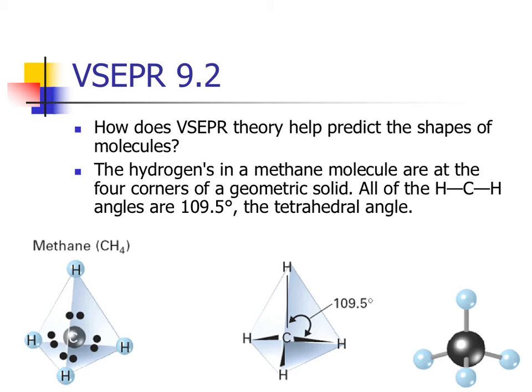The molecular model sets that our students usually use have white for hydrogen. It really doesn't matter what the color is. What matters is the shape, that it's tetrahedral, and that the bond angle is 109 degrees.